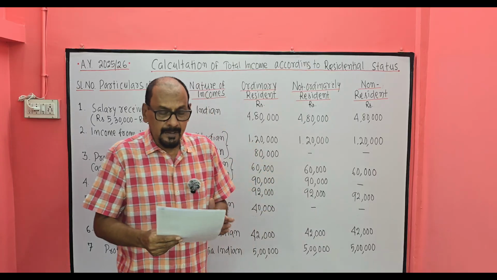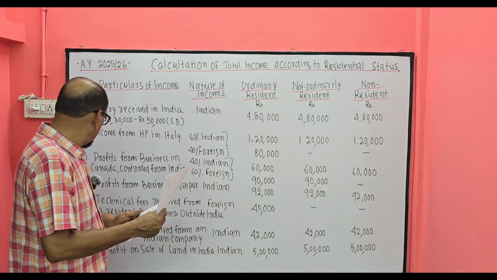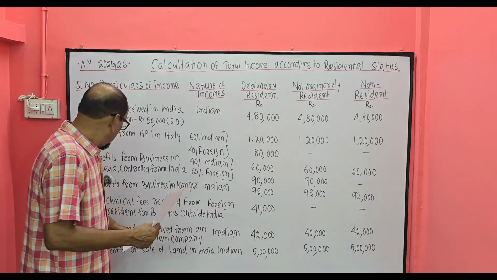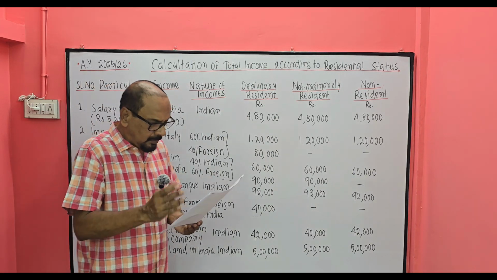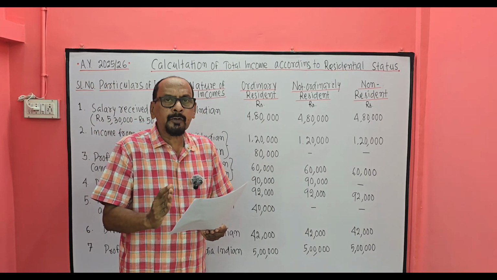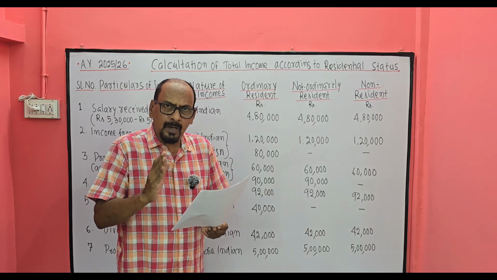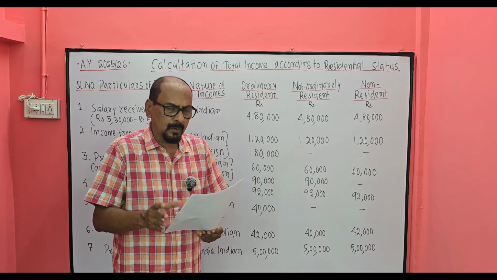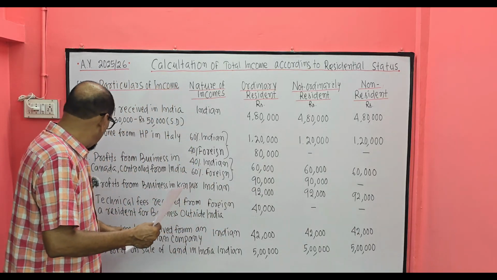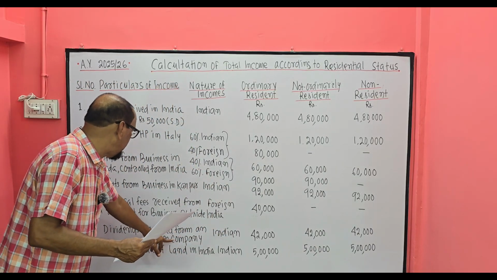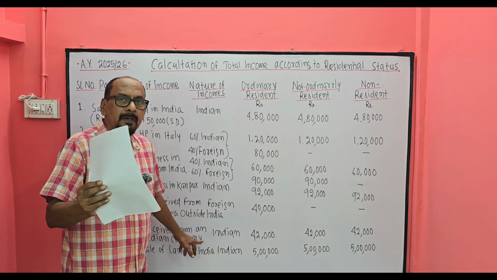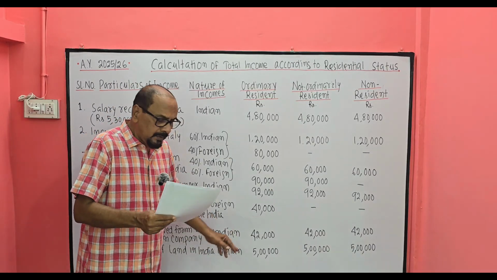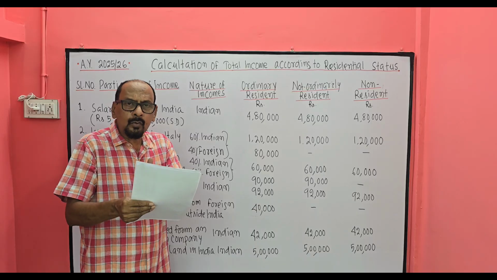The next one: gross dividend received from an Indian company. Dividend received from an Indian company is an Indian income, that is rupees 42,000.